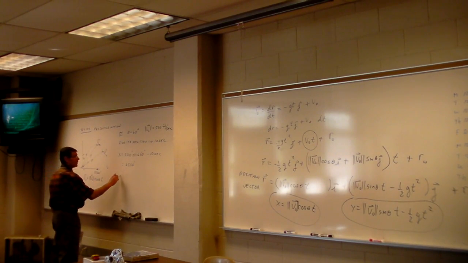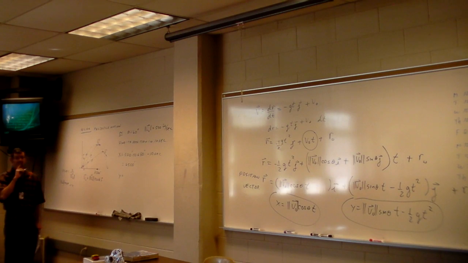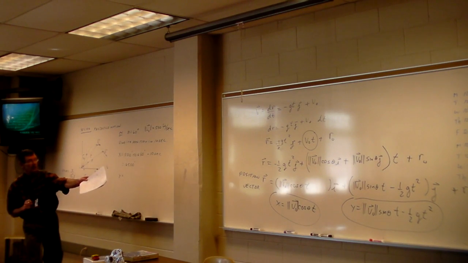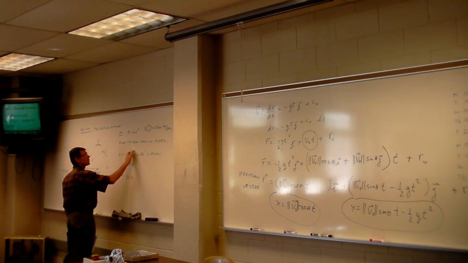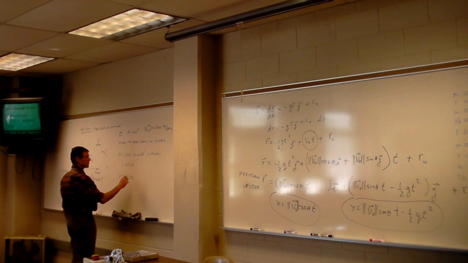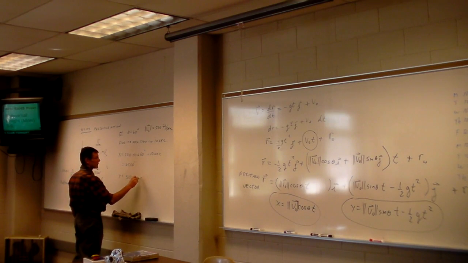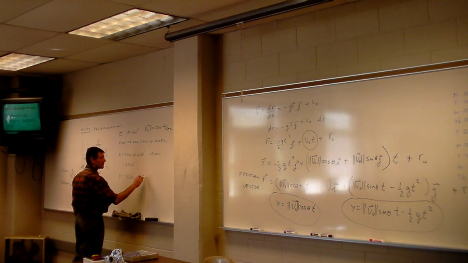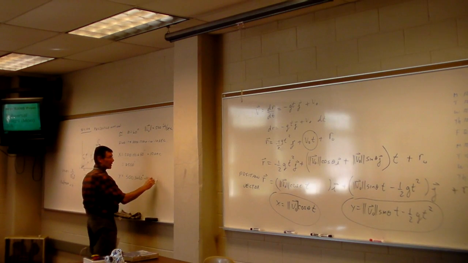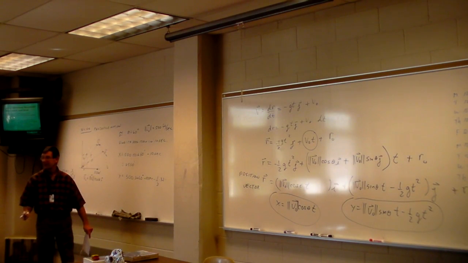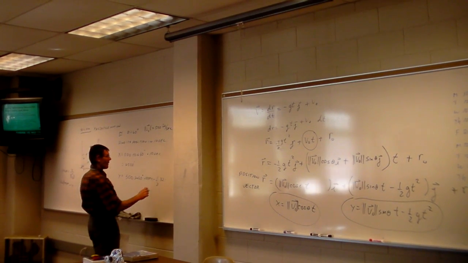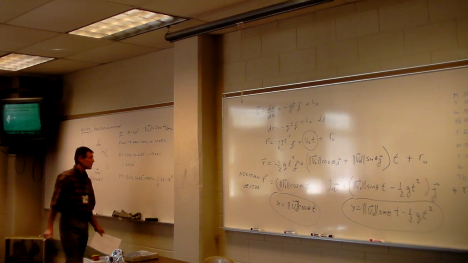Sorry, feet. For the y value, it's the initial speed, 500 feet per second times the sine of 60 degrees times 10 seconds, minus 1/2 times 32, gravity in feet per second squared, times 10 squared.